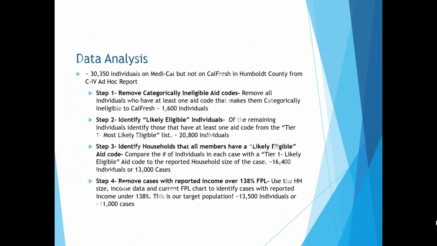So if there was, for any reason, reported income in the case, even though they were in an aid code that was maybe under that FPL, if they had reported income over that 138%, we went ahead and removed those individuals. So that took us to about 13,000 individuals, or about 11,000 cases, which essentially we called our target population.